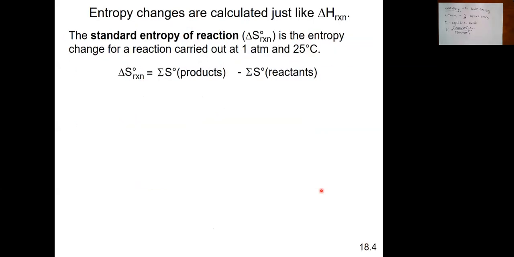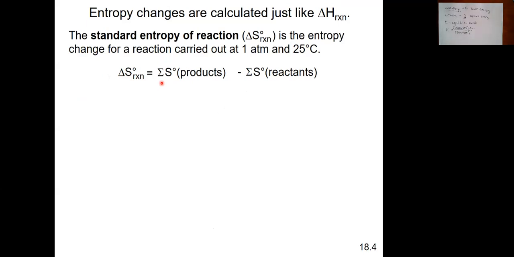So you may remember from enthalpy reactions back in 123, the enthalpy change for a reaction is the summation of all the enthalpies of the products minus the summation of all of the enthalpies of the reactants, multiplied by their coefficients, of course. So the exact same calculation is done for entropy of reactions.